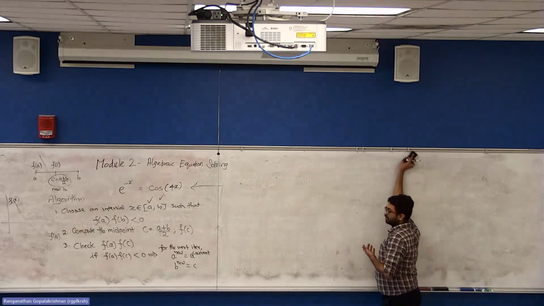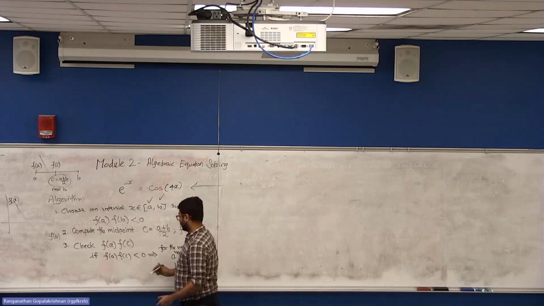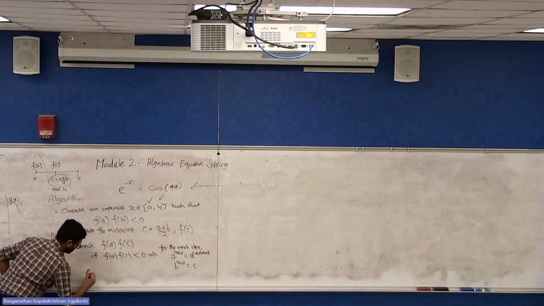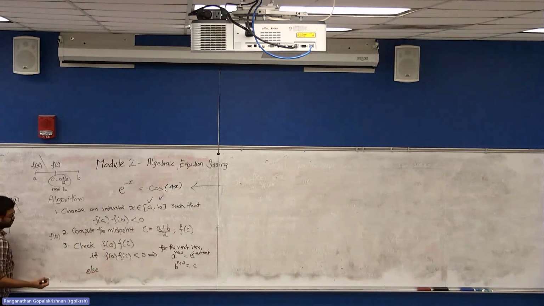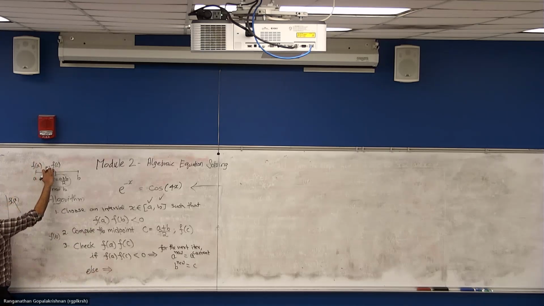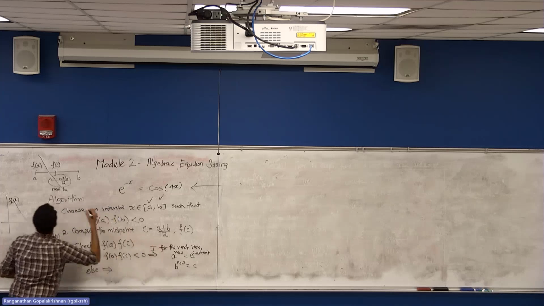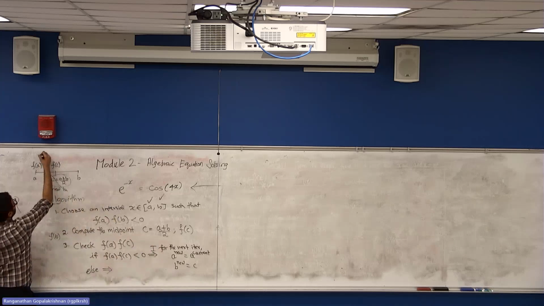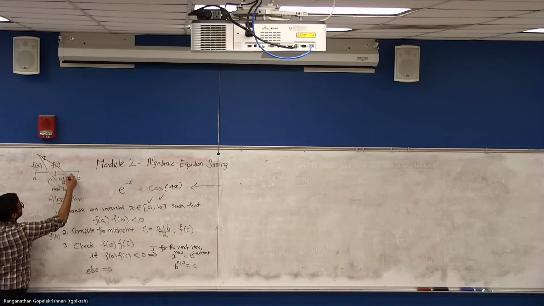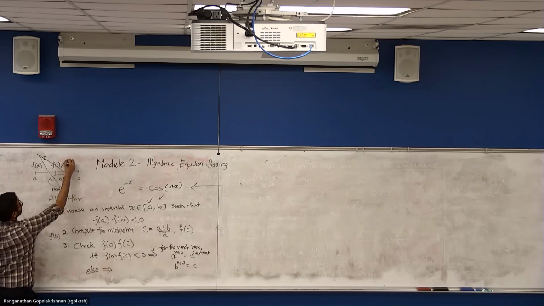If it's negative, this is the case. What if this is positive? That is, else what happens? It can either be negative or positive. So if it is not negative, what will happen? This is case 1, and this is case 2.